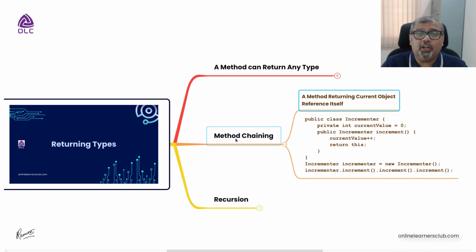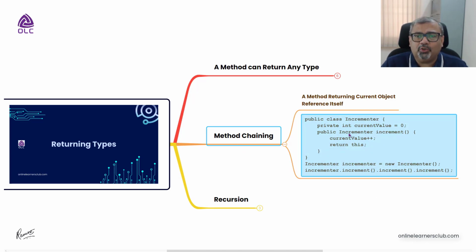This is another concept called method chaining. So what is method chaining? Let us go back to the Incrementer class. In the increment method, instead of making it void, we modify it to return an Incrementer object itself. It will implement the logic currentValue++, and in addition it will return this.